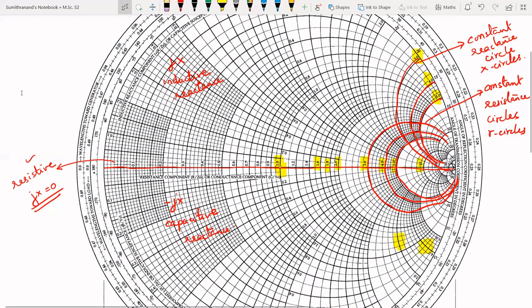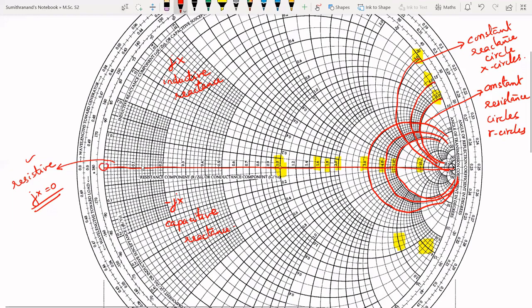Now, if we examine the values, we can see 1 at the center of the resistive axis. If you move towards the left side of that center, you can see 0.9, 0.8, 0.2, 0.1. Here it comes 0.